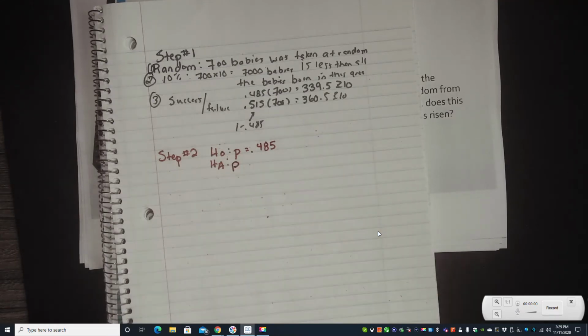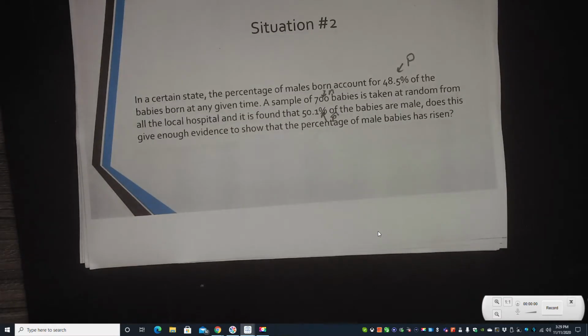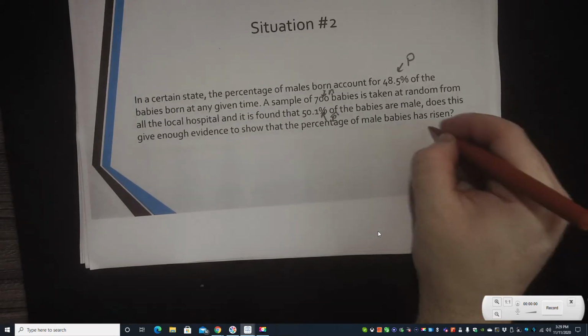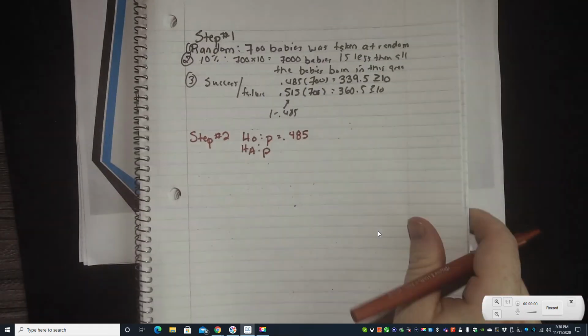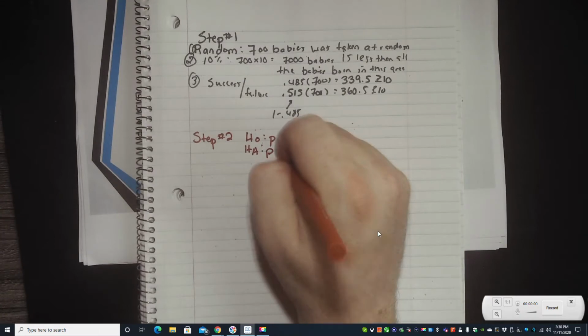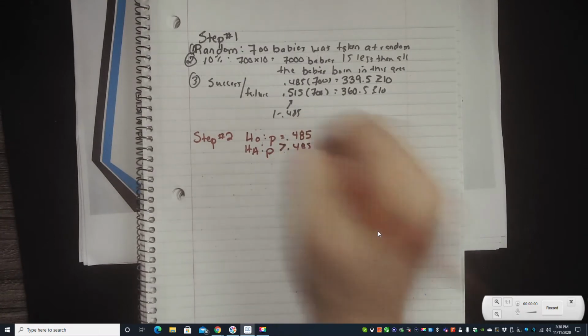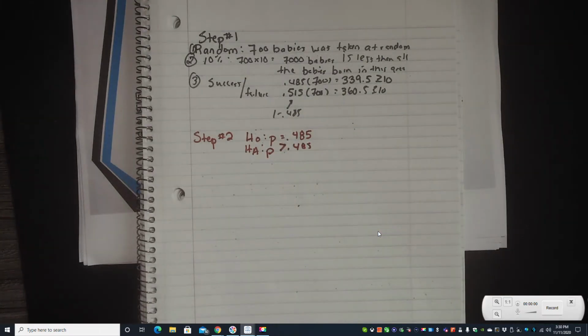And then if we go back, it says, does this give enough evidence to show that the percentage of male babies has risen? Risen means go up. Risen is greater than. So I'm going to say that it's actually greater than 0.485. Okay? And that is my hypotheses.